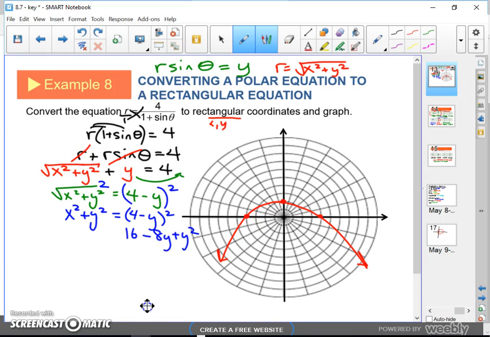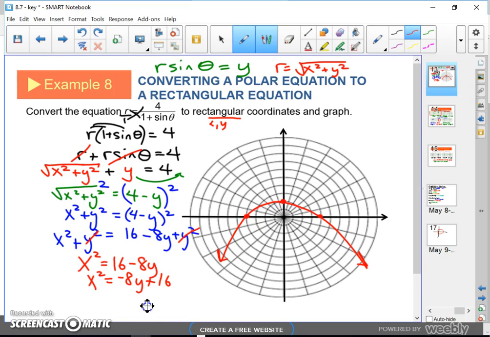So we have x squared plus y squared equals that. And you would notice those y squared would cancel each other out. x squared equals 16 minus 8y. Or switch that around, x squared equals negative 8y plus 16.